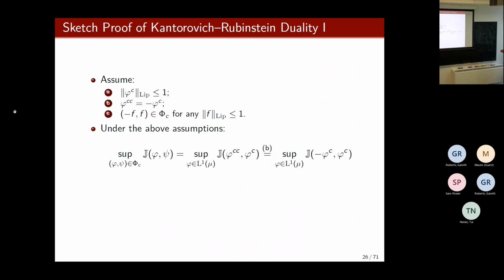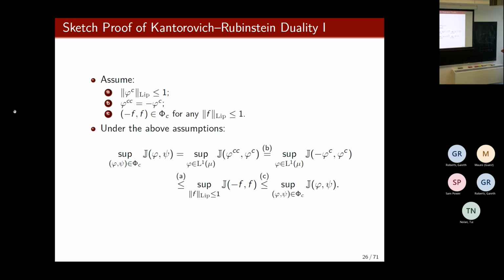Then using condition B, I can substitute in the second C transform with minus the first C transform. Now I can potentially make this bigger by using A, because I know that any pair here is going to have Lipschitz constant less than or equal to 1. So this set here is potentially bigger.